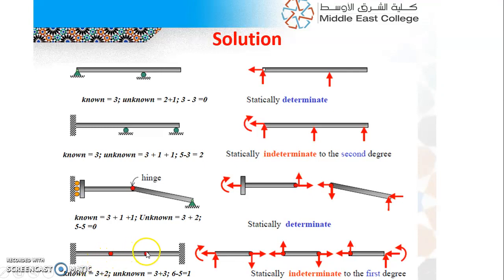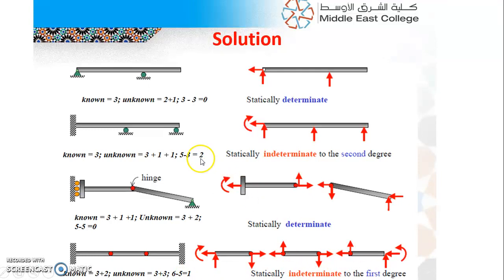But how many do we have here? We have 2 hinges, so 3 plus 1 plus 1, total is 5. So R minus 5, where R is 6. 6 minus 5 gives you 1, which is not equal to 0. So it is called statically indeterminate to the first degree. It is first degree because the remaining is 1.